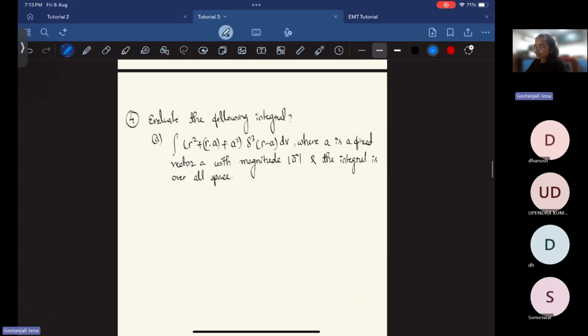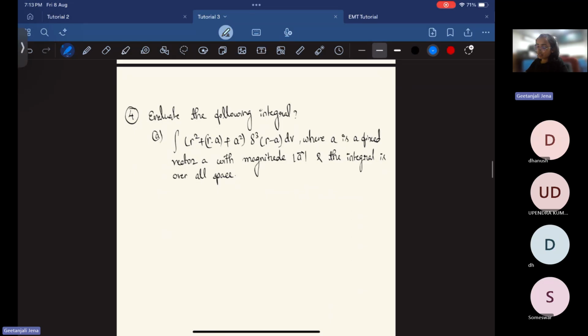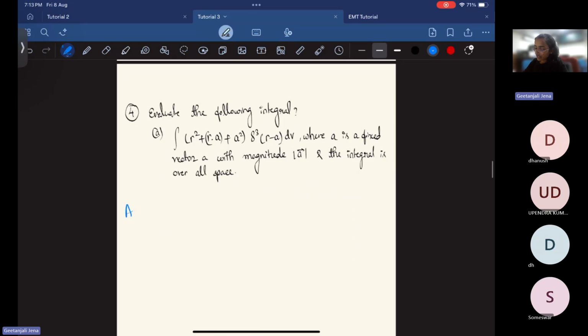So this is based on the Dirac delta function. So try to calculate first, then I will let you know the answer. The integration is r square plus r dot a plus a square, delta cube of r minus a, dV.